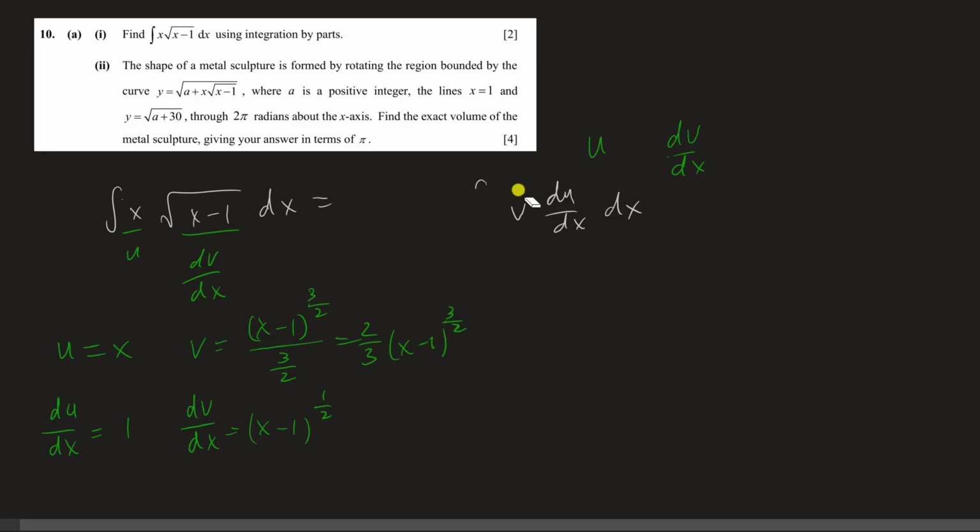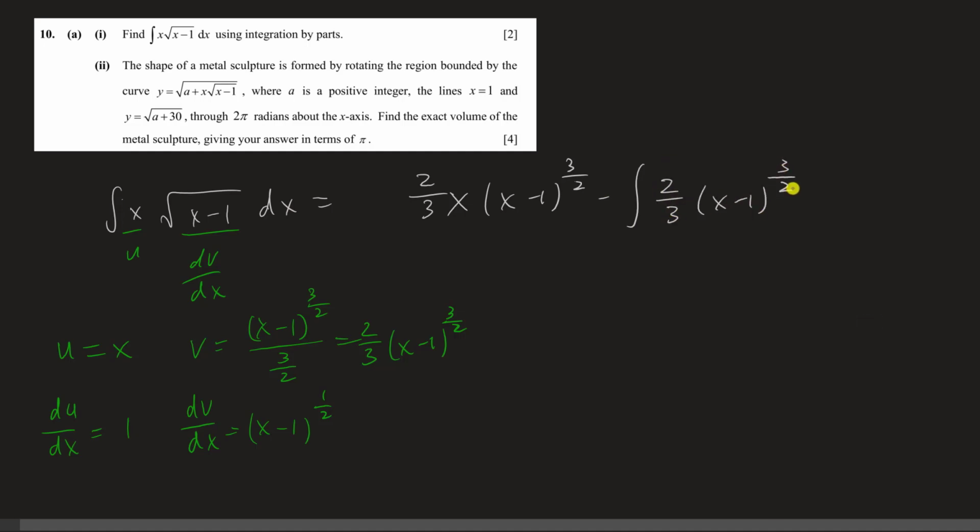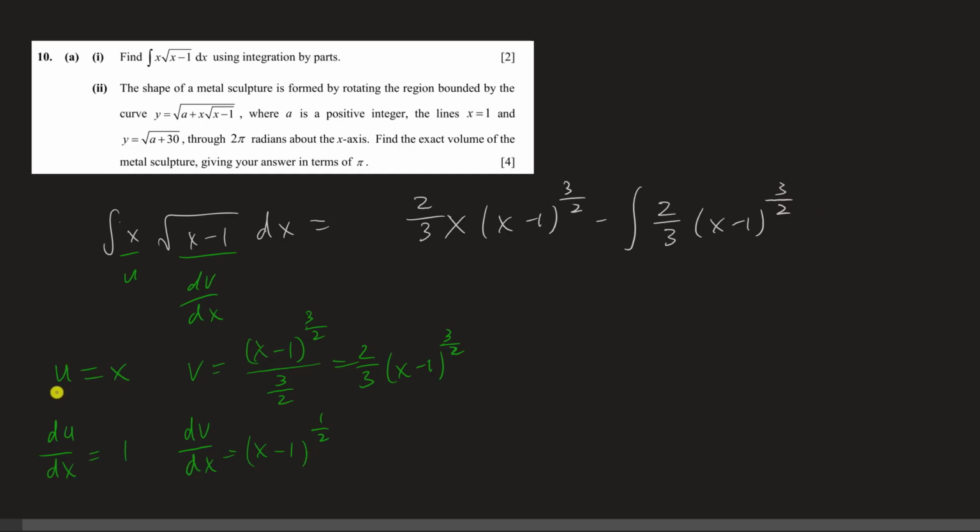So your expression would just become uv minus the integral of v du/dx. This is why we chose u as x, because du/dx is 1, which gives us something nice. This will give us (x minus 1) to the power of 3 over 2.